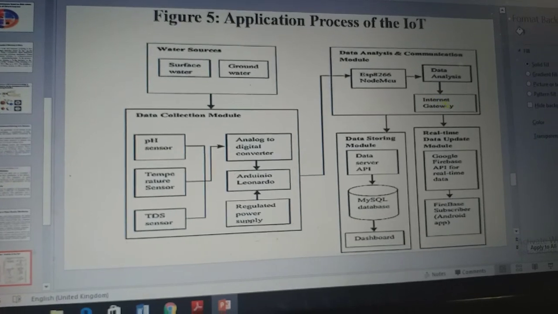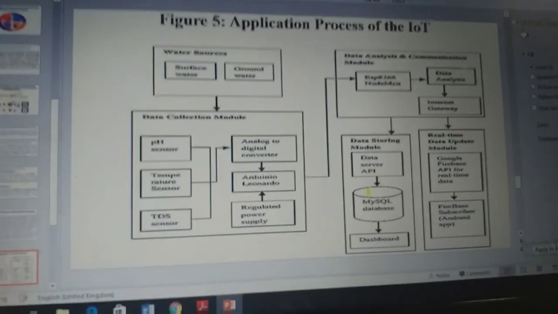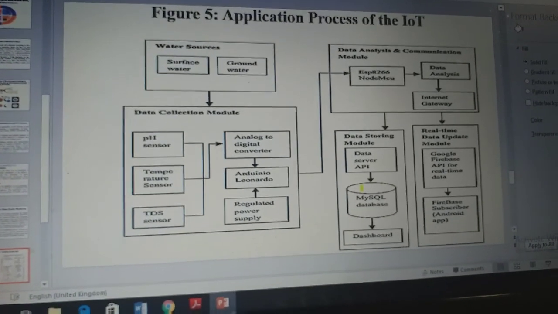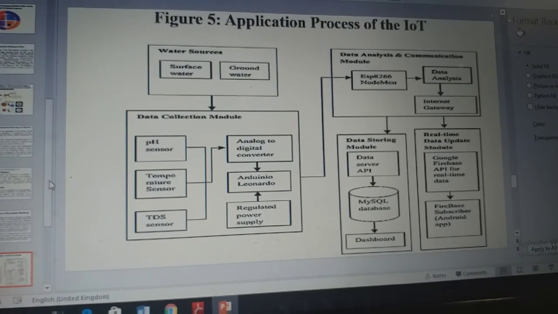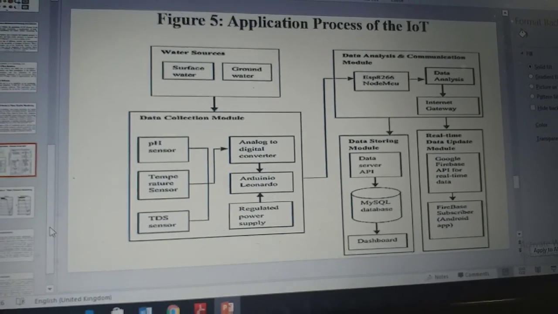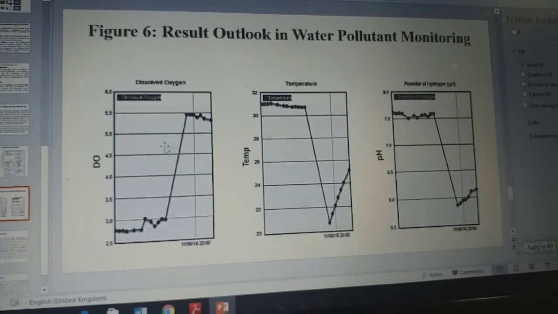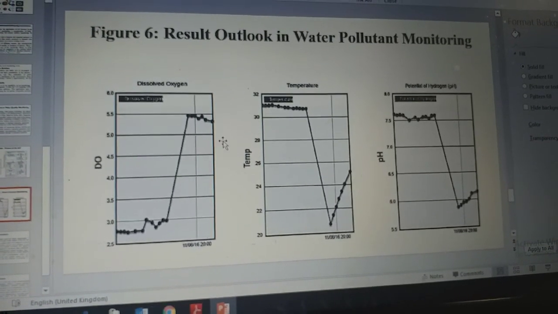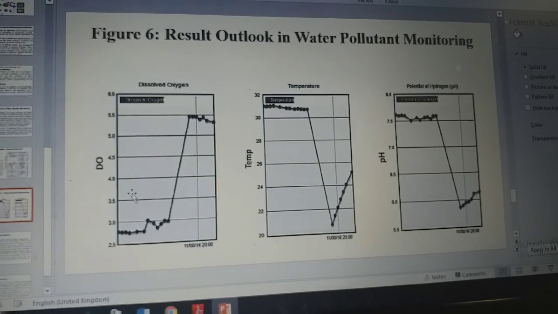It goes through an internet gateway and stores the data. It's more or less like when you're using a GC for analysis. It helps you access the basic data that you need, store it, and do the normal analysis and advanced sampling. This is how the result comes out for basic parameters. This is for pH, the calibration of the result.